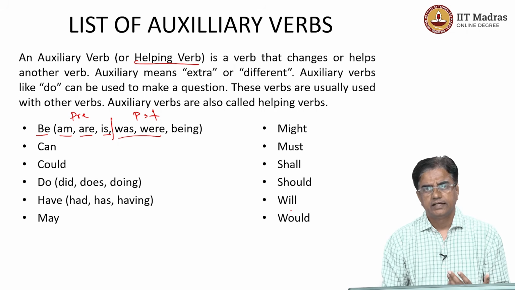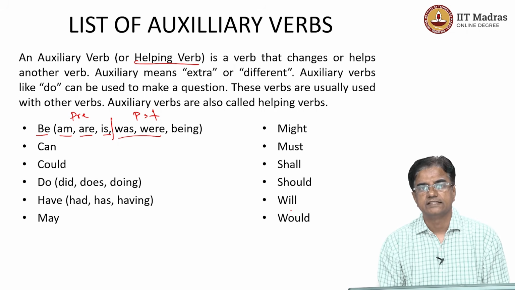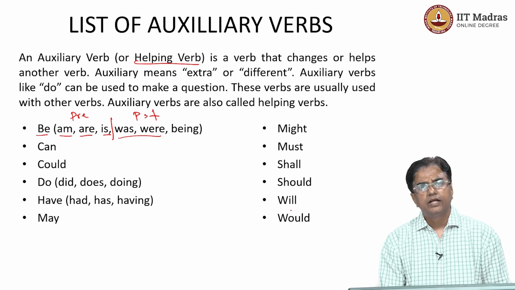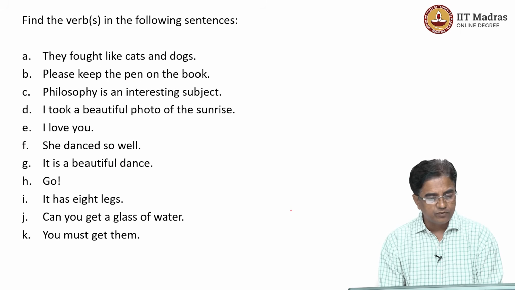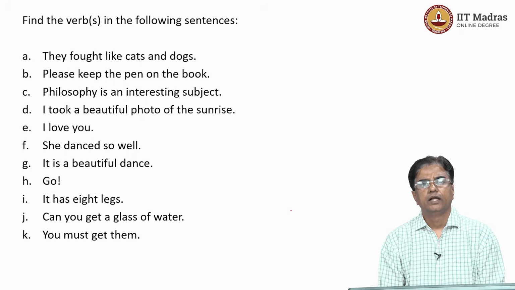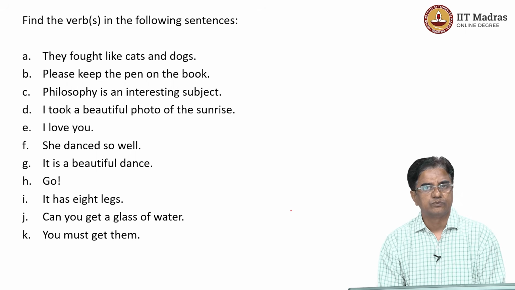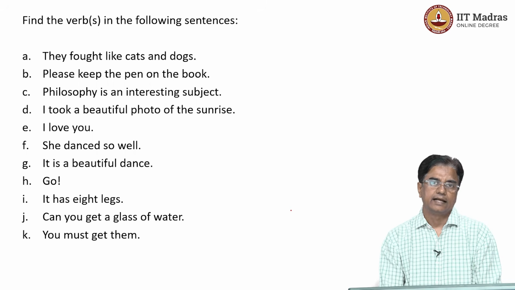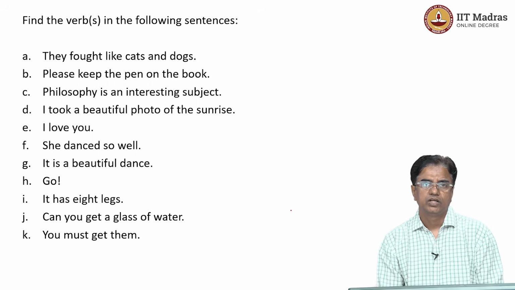These are all different types of auxiliary verbs in English. And when it comes to action verbs, we have a lot of them. There is no dearth of action verbs in any language, and also in English.